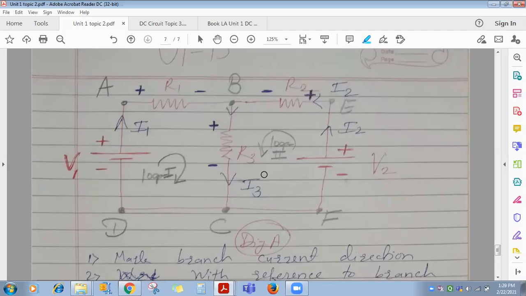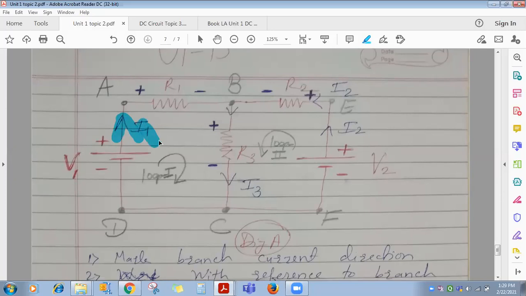So what do you have to do? What is the first step? Mark the branch current direction. Any current direction you can use, clockwise or anti-clockwise, it doesn't matter. Here I have shown the current starting from the positive terminal of the battery, and I have called it I1. You can use variables I1, I2, I3 or IA, IB, IC.